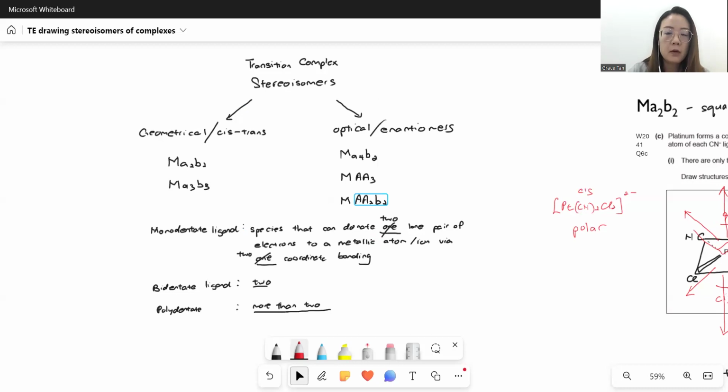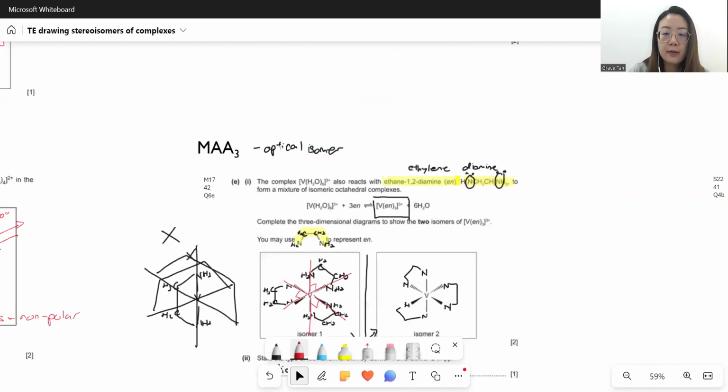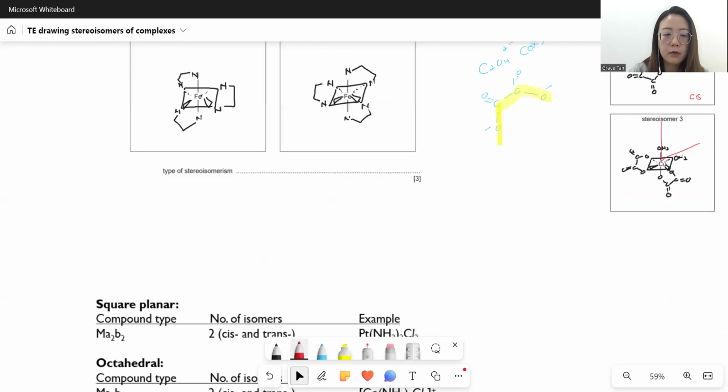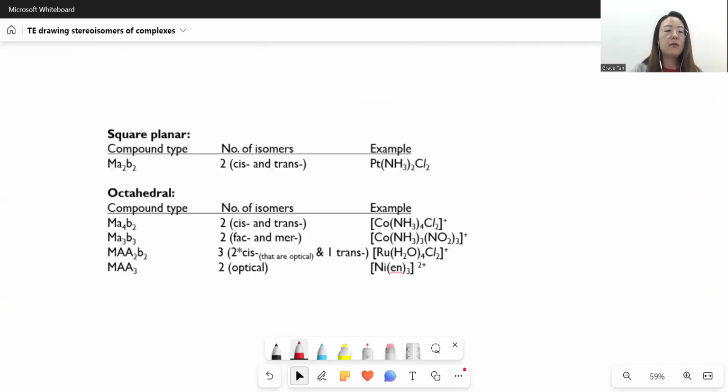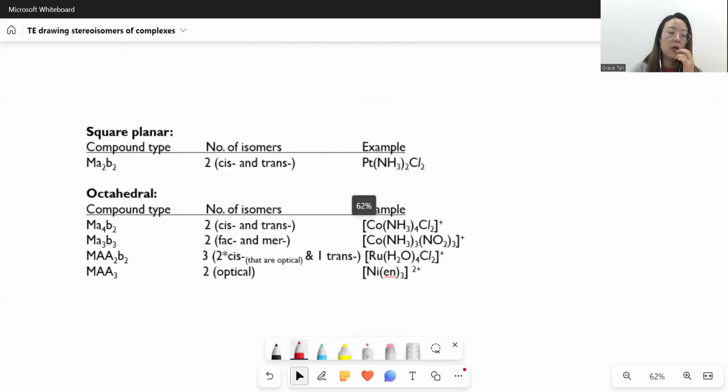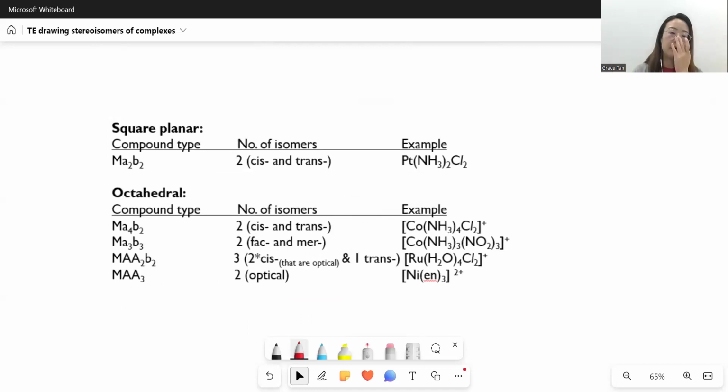Before I end, I just want to give you a table. So far, according to the A-level syllabus, you all would know square planar and octahedral. You can build your chart diagram. For example, at the starting of my video, I built my chart diagram according to the type of stereoisomerism and what shape they have.